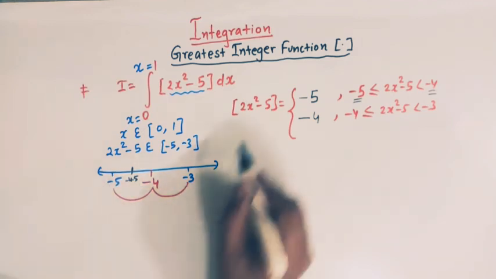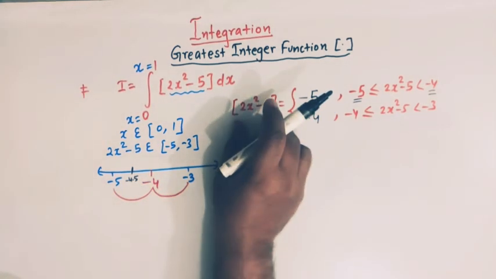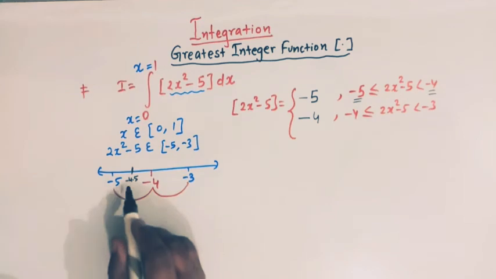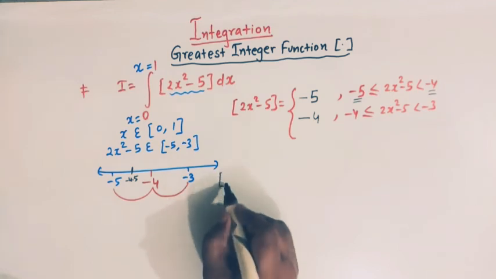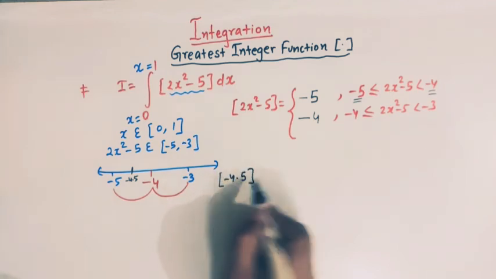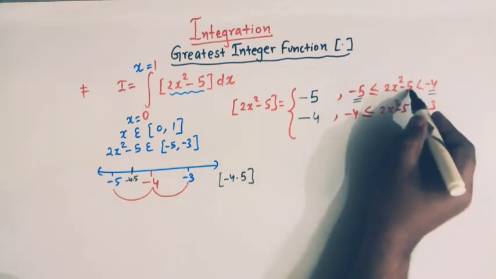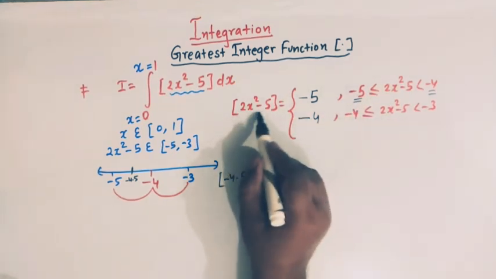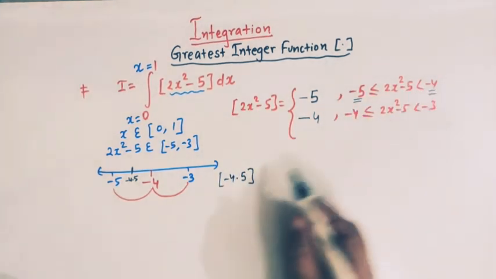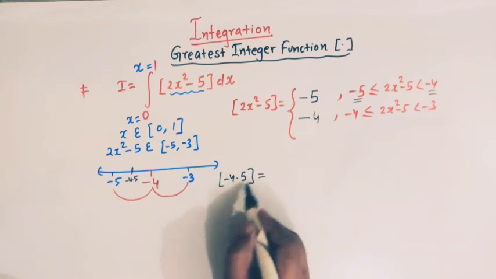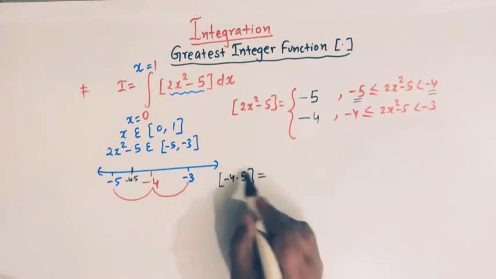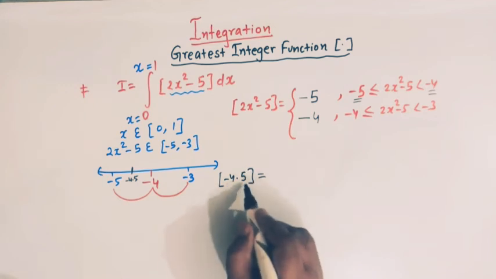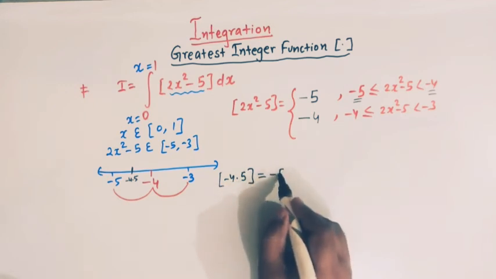Then, because it lies between minus 5 and minus 4, due to the definition of the greatest integer function, the greatest integer of minus 4.5 is minus 5.